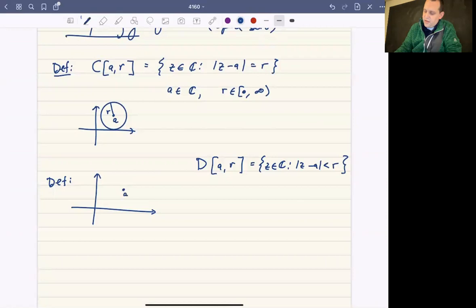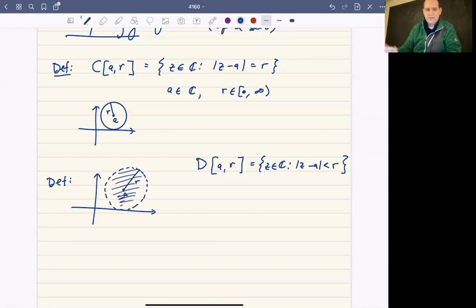So here's our value A, and then we're talking about some disk of radius R, and then we don't include that circle itself. And so we're just going to talk about all those points there.